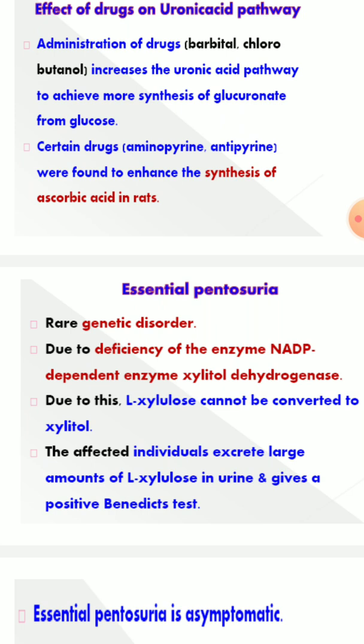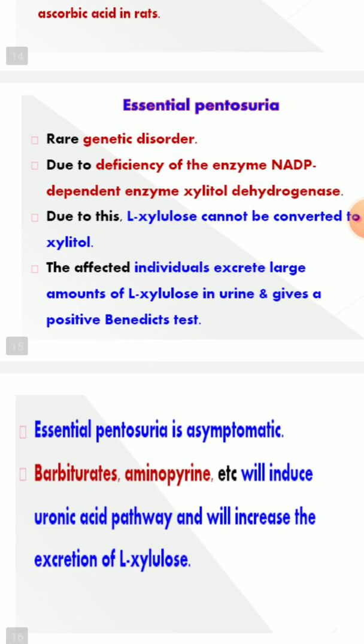The xylulose cannot be further converted, so the affected individual excretes large amounts of xylulose only, with no xylitol in the urine. This can be tested by doing the Benedict's test.